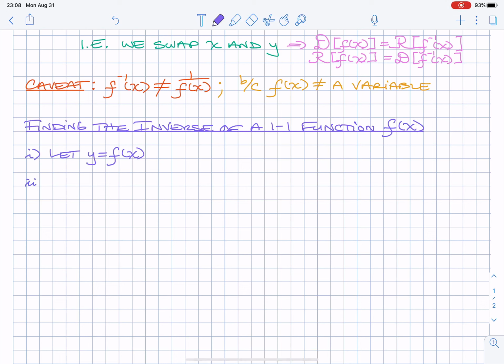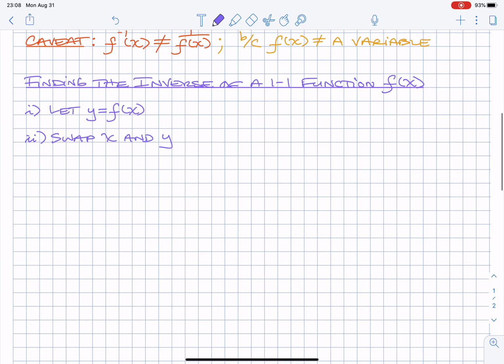The second step is that we swap x and y, and at this point we have effectively enacted the inverse, but we want to solve. So number 3, solve for y, because that will be your inverse function. So once we've solved for that y, we let that y be f inverse of x, because that's what it is.